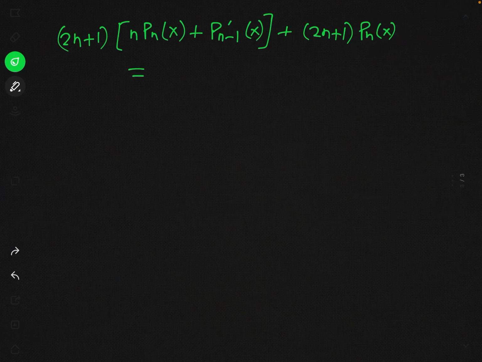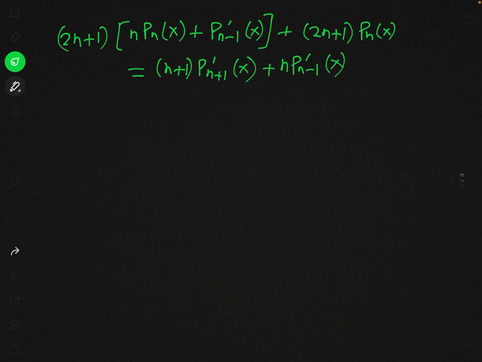This will be n plus 1 into Pn plus 1 prime of x and plus n Pn minus 1 prime of x. You can see. Now actually we will simplify this result.